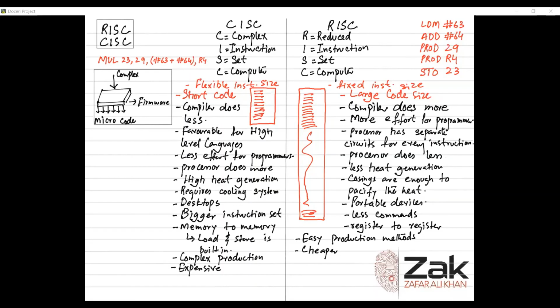Over here the programmer has to write more code. So now we know that this CISC processor bears a firmware thing. The firmware breaks the complex instruction to the form which is easier to be executed by the processor, whereas in RISC the programmer itself writes the code that is simpler.